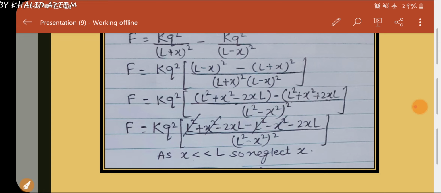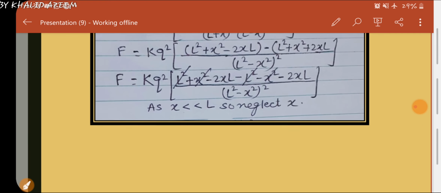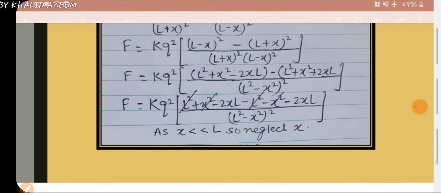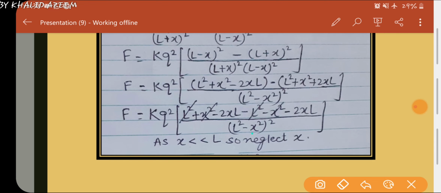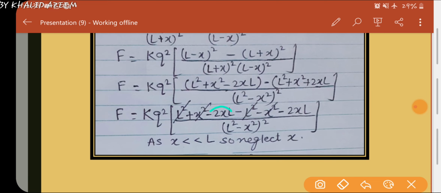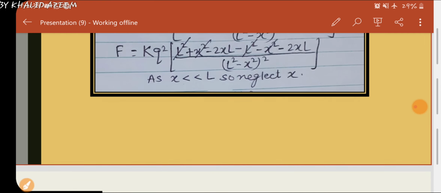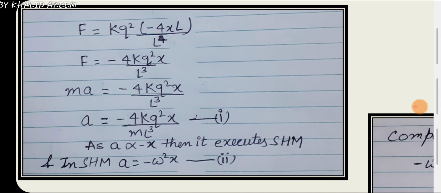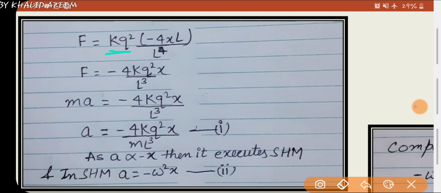As x is very much less than L, we can neglect x. Neglect means we can remove x from here only in plus and minus, and this 2xl and this 2xl gives minus 4xl. So the force becomes kq square times minus 4xl upon L to the power 4.